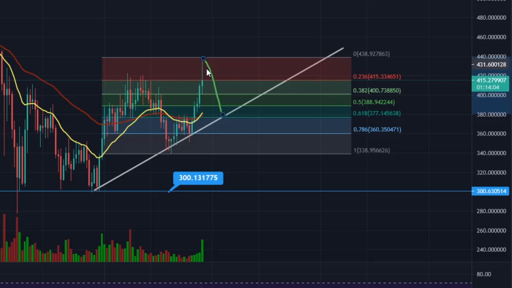So we could see a correction down to that level there, to the 0.618, before we make another impulsive wave up, guys. So again, if you wanted to swing in and out and trade it, you can use these Fibonacci levels that I've spoken about in previous videos, and I'm sure a lot of you are aware of now. Moving forward, it's all good as long as we can bounce off this support line for Aave.